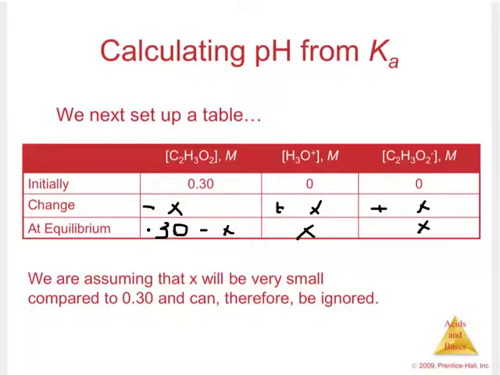Now, since we know that we have a very small value for Ka for acetic acid, we're going to ignore this minus X because we know that in terms of sig figs, with our Ka being so small, that amount will be negligible.